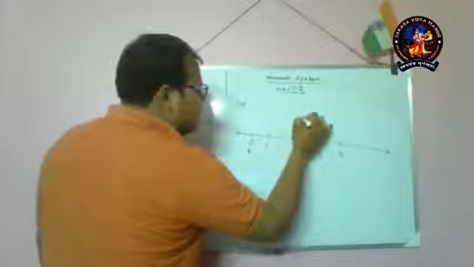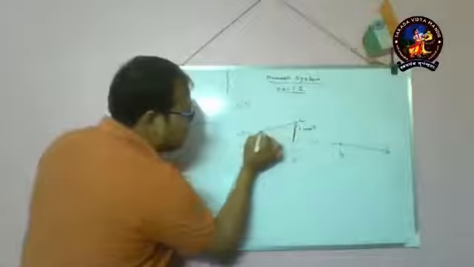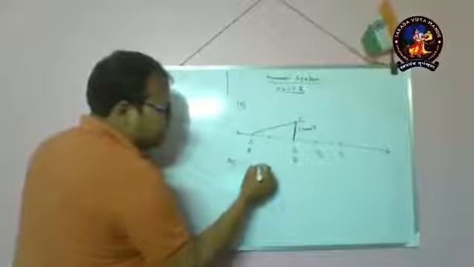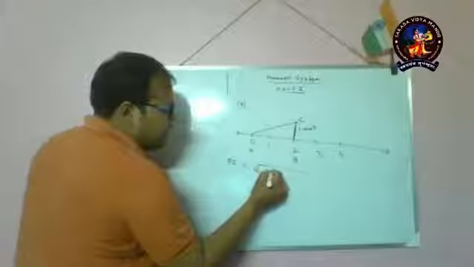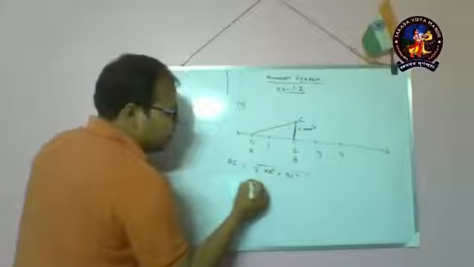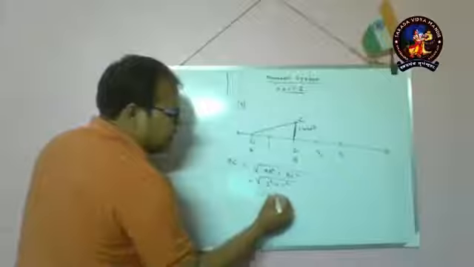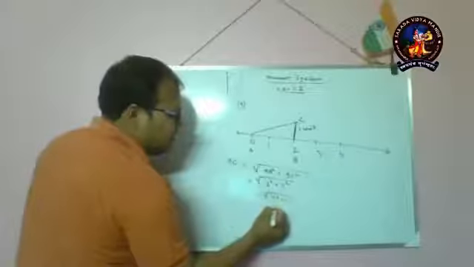At the end I am giving C. Now let's join the hypotenuse AC. What will be the length of AC? It's root over of AB square plus BC square, which is nothing but root over of 2 square plus 1 square, that is 4 plus 1, root over 5.